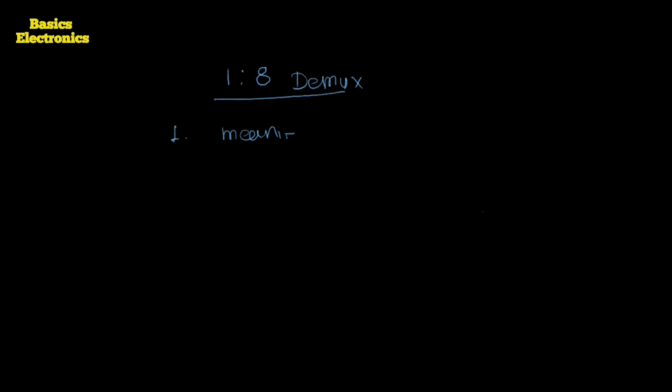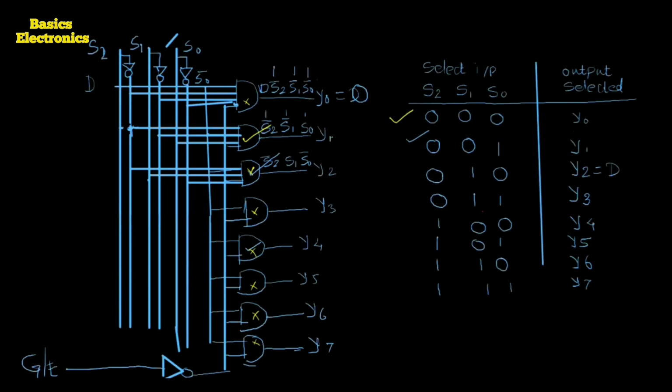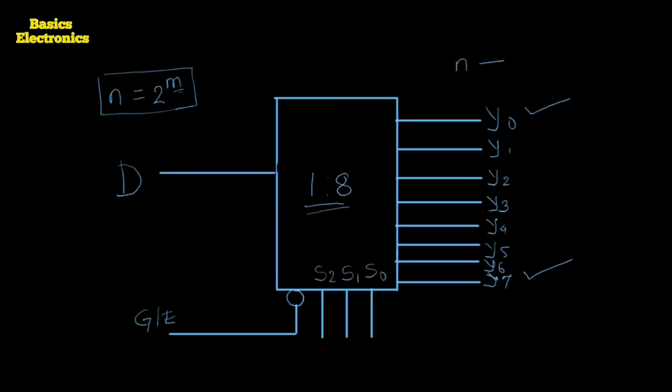The meaning is, a one line to 8-line demultiplexer is a demultiplexer having 8 output lines and only one data line. Only one data line is there.